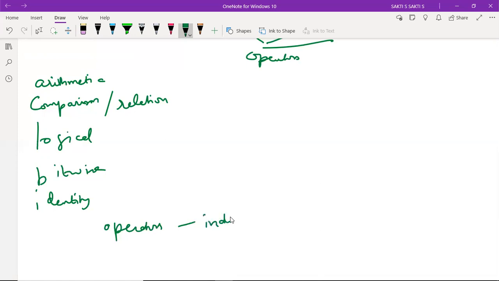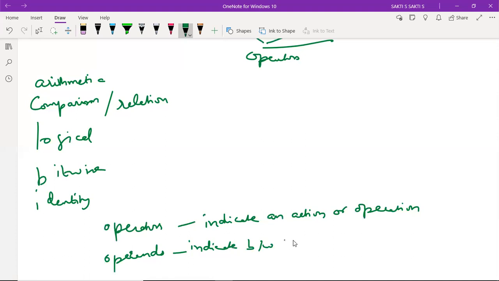Whereas operands indicate between which variables we have to apply these operators.